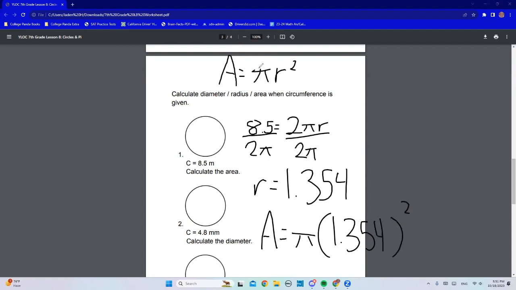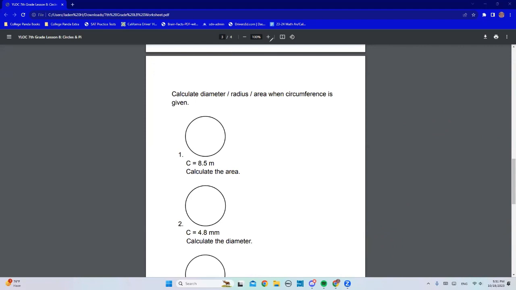Since this is a little bit harder math, I won't make you write this out by hand. Just using a calculator, you should get an area around 5.75 meters squared. As you can see, you just have to retrace your steps to find r, and this can help you find the area.